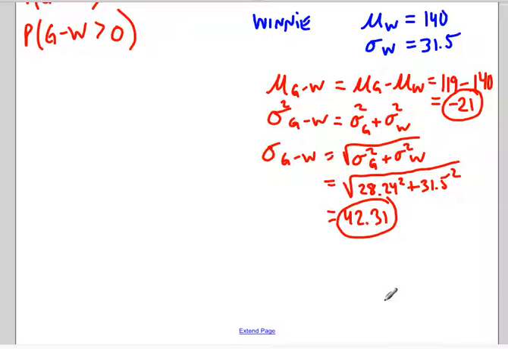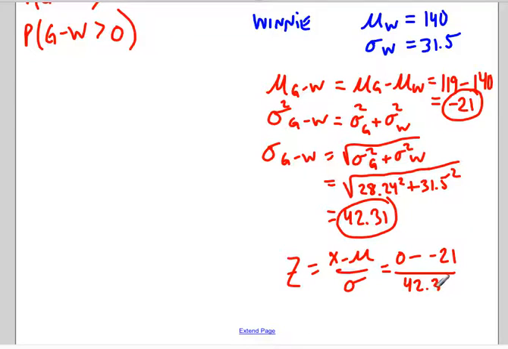Okay, now for the z-score, remember our formula looks like this. What's the value of x? The value of x is 0, which, normally this isn't a 0. Normally this is some number, but in this case it's a 0. So we're going to do 0 minus our new mean of negative 21 divided by our new standard deviation of 42.31.